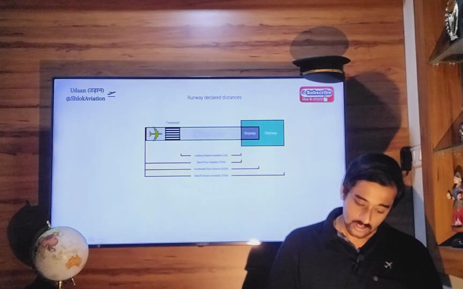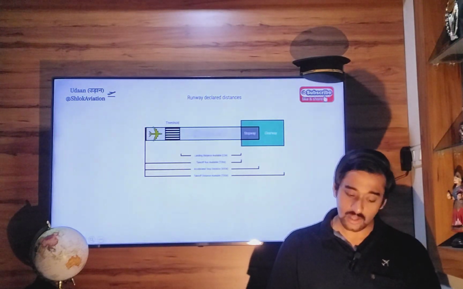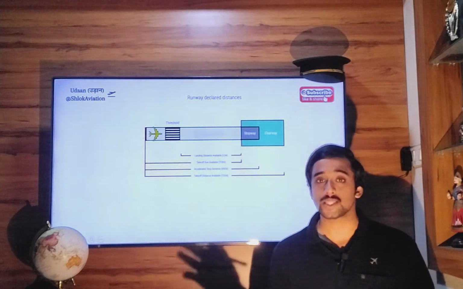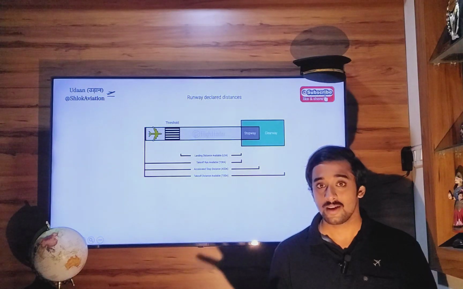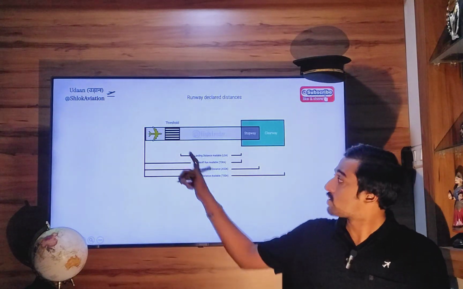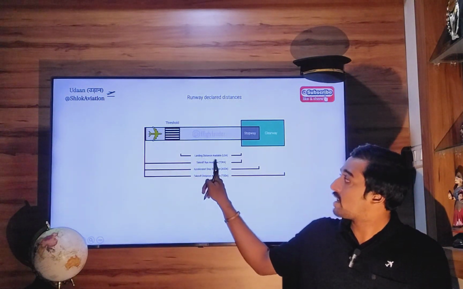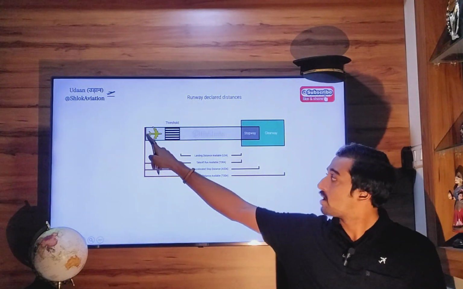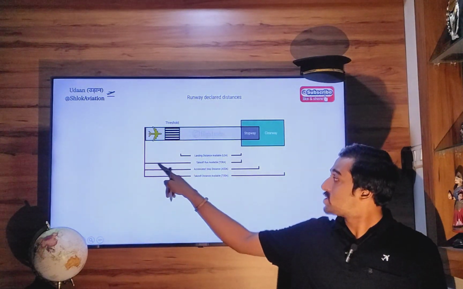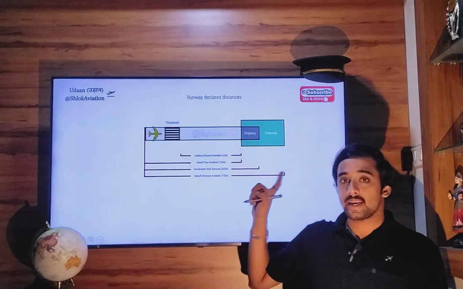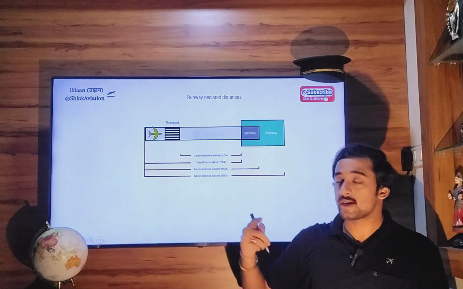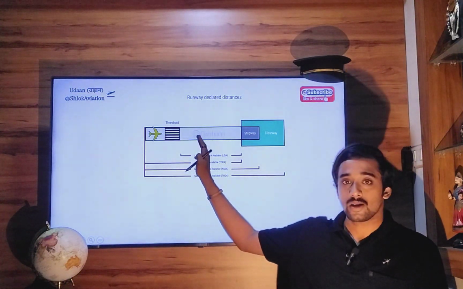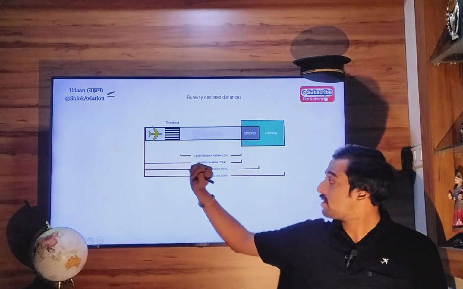Next. So runway declared distance is very important for your CPL, airline and ATPL, even for your Vivas. So remember, takeoff run available is calculated even before your threshold starts, pre-threshold area. So that is the takeoff run available. But landing distance available will be calculated from the start of the threshold, not from pre-threshold area.